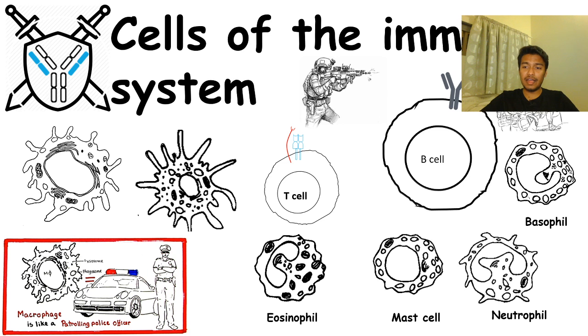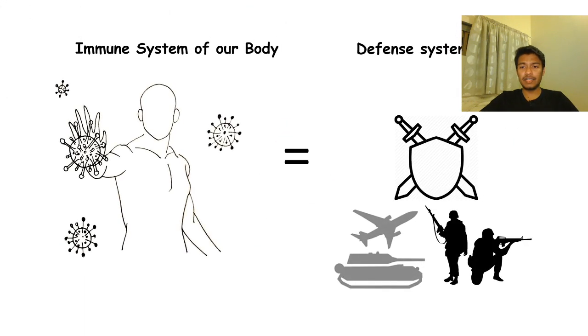Other than that, the other cells derived from the myeloid lineage, such as basophils, neutrophils, mast cells and eosinophils, all play several important roles in the immune system, as we will see as we go along. So first, let's try to get the similarity between the defense system and the immune system.